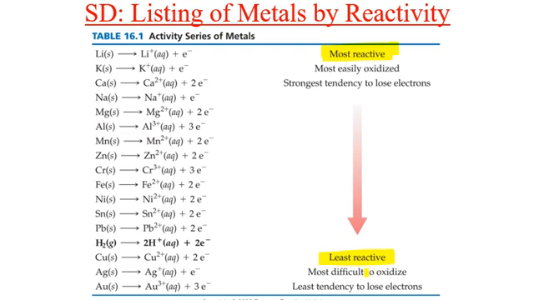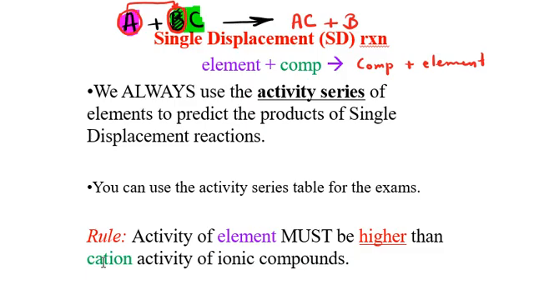If we work on redox reactions, we use another terminology or concept related to this series. So I can easily compare based on this ordering, and we are going to consider that the activity of the element must be higher than the activity of the cation.